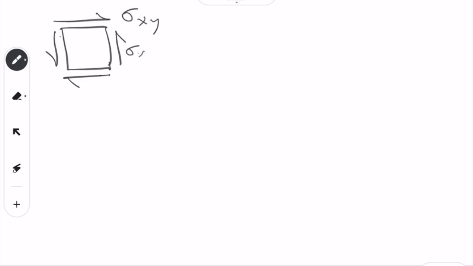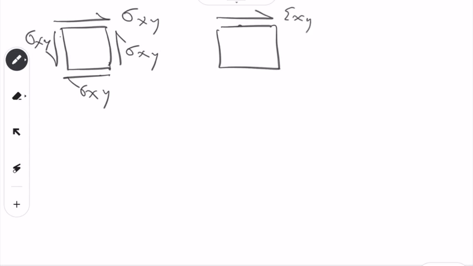So all sigma xy, sigma xy, sigma xy are there. So this sigma xy will produce corresponding epsilon xy. So which will be like this: epsilon xy, epsilon xy, epsilon xy, and there is a relationship.